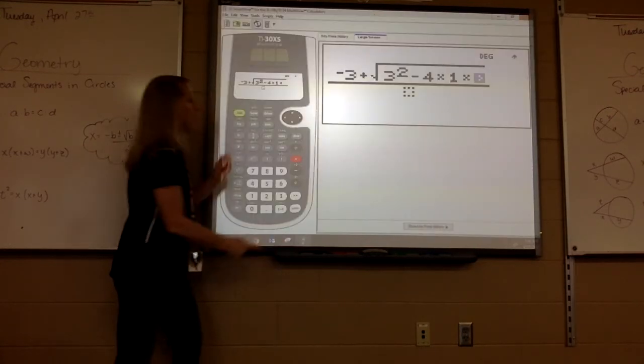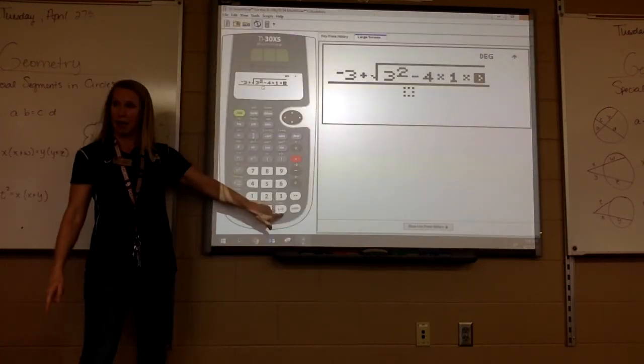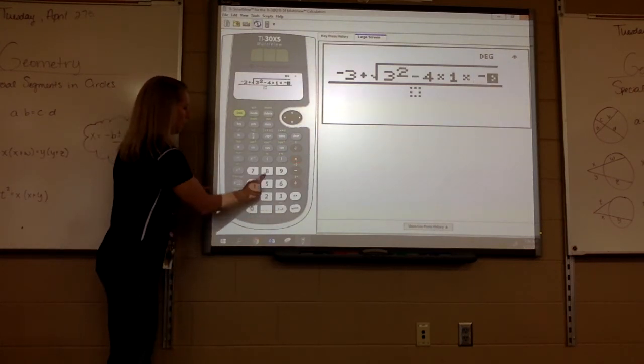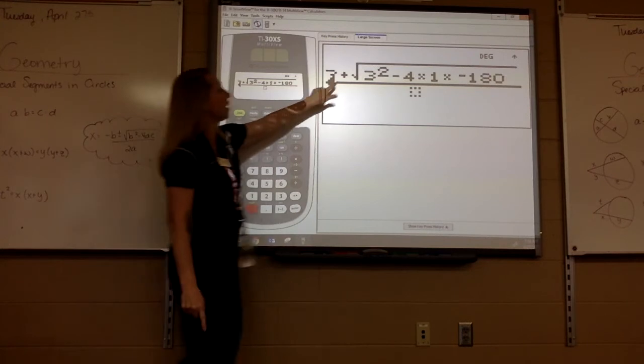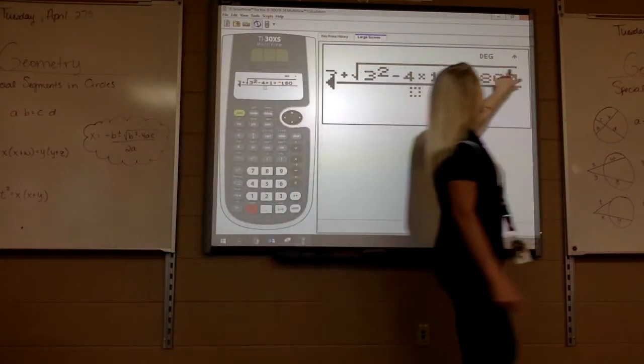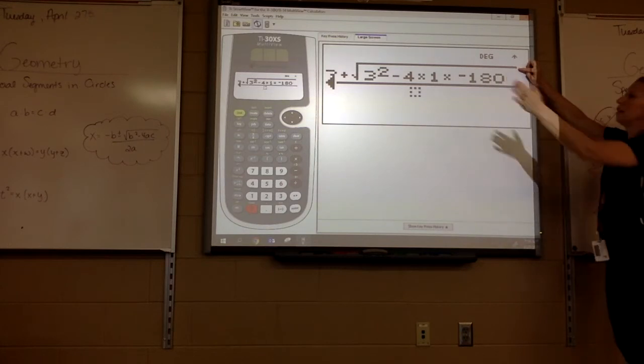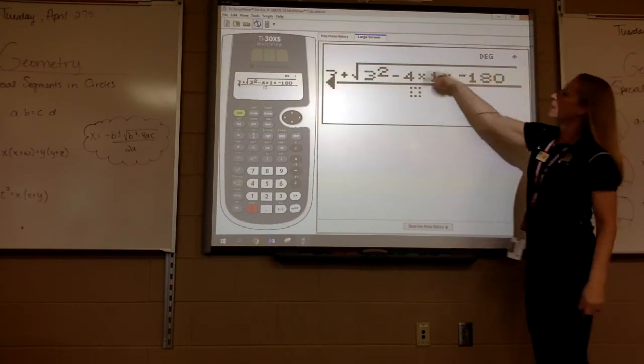Negative 180. Make sure again that you hit that negative button. A negative button is different than a minus. Times negative 180. And the thing is, you want this square root to keep going. If it doesn't keep going, if you tab out or something, you'll get the wrong answer. So keep the square root going.